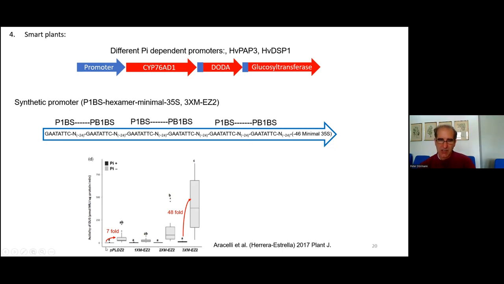And this he did in Arabidopsis, and could show that when you have this hexamer, you can get up to 48 times induction of gene expression when you have a reporter fused to it. This was GUS. So we took the same thing and fused it to ruby, and this is also the third construct underway right now.